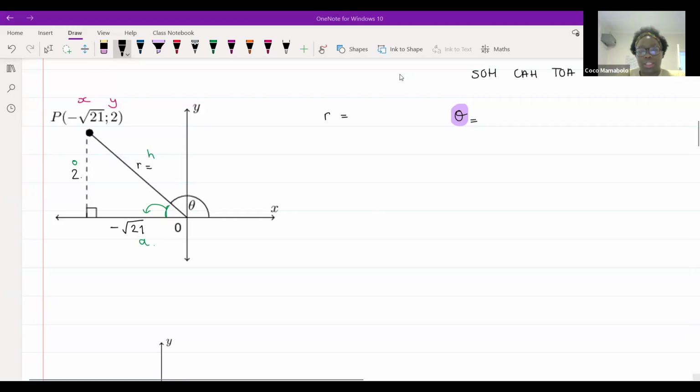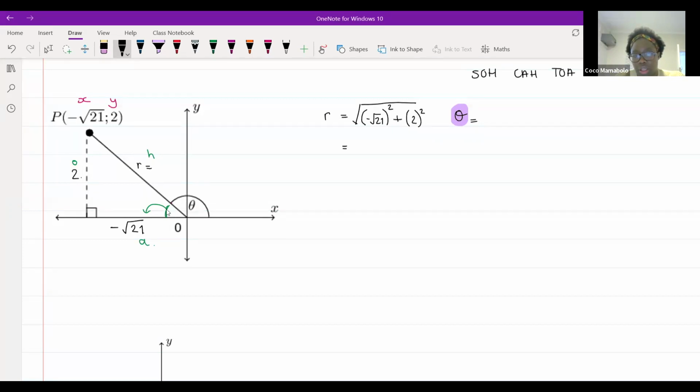Now, let's think about this. Let's quickly calculate R, the radius. I know that I'm going to use Pythag, right? So I'm going to have the square root of negative square root 21 squared plus 2 all squared.